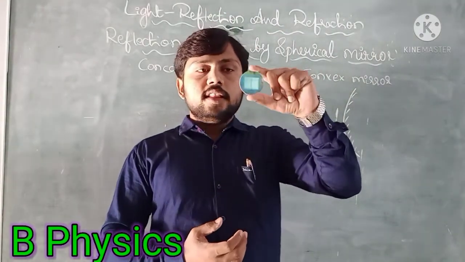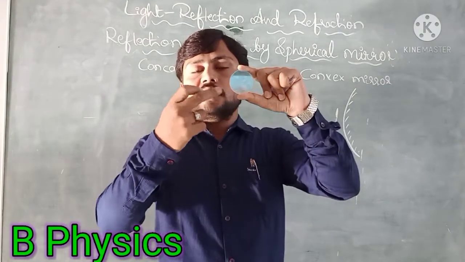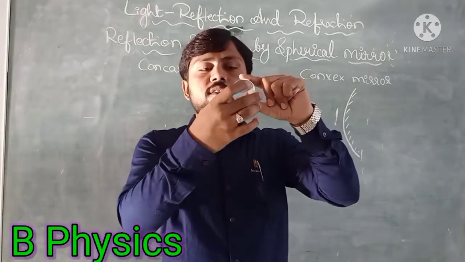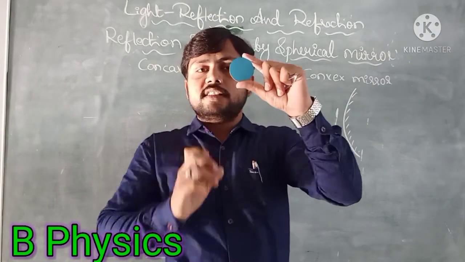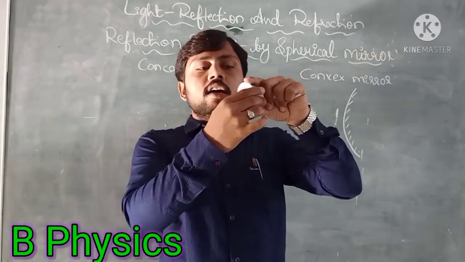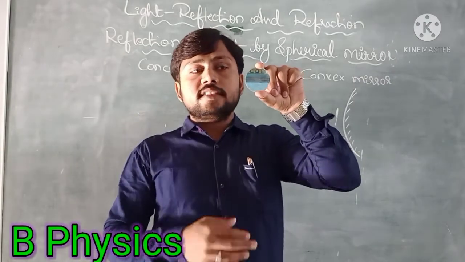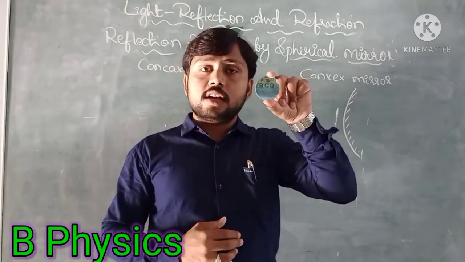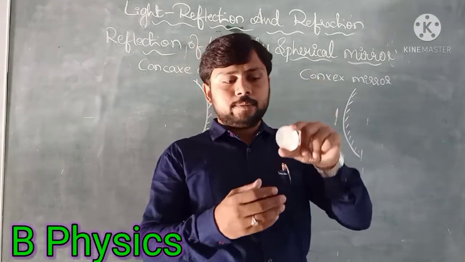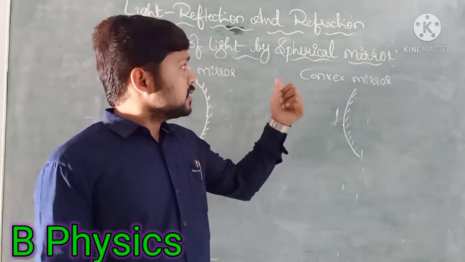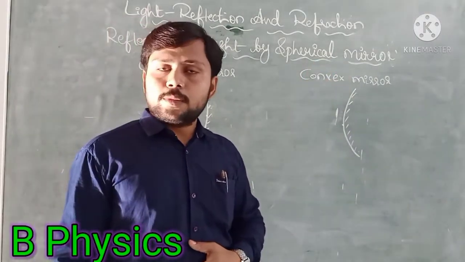Similarly, in this mirror also one side surface is highly reflecting and the other surface is opaque, and here the reflecting surface is curved outward. So this type of mirror we call a convex mirror. Now let us see some of the terms related to spherical mirror.